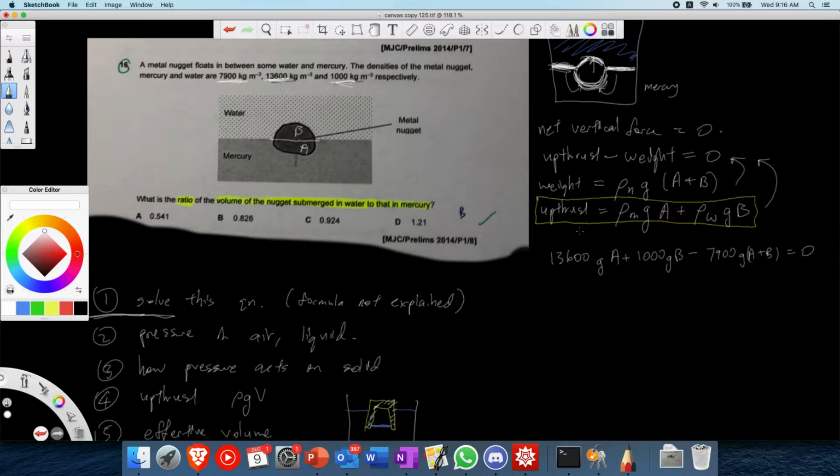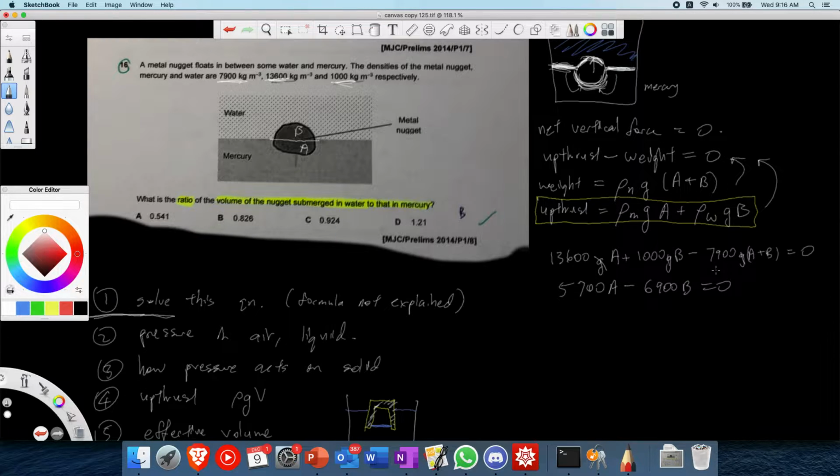If we evaluate it, just pull together the common terms. We cancel the g first, sorry, I forgot to mention that. Then 13600 minus 7900 equals 5700 A, and 1000 minus 7900 is minus 6900 B, equals 0.